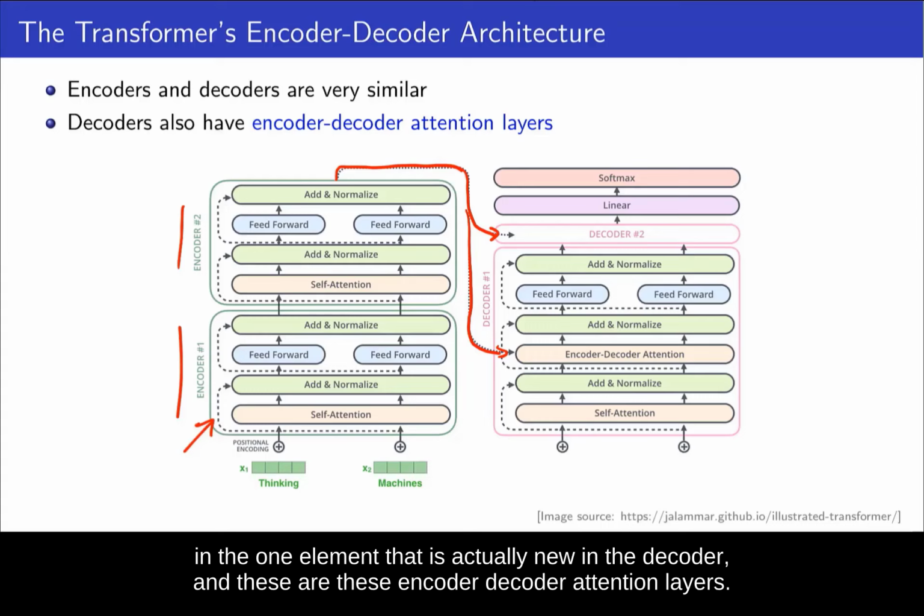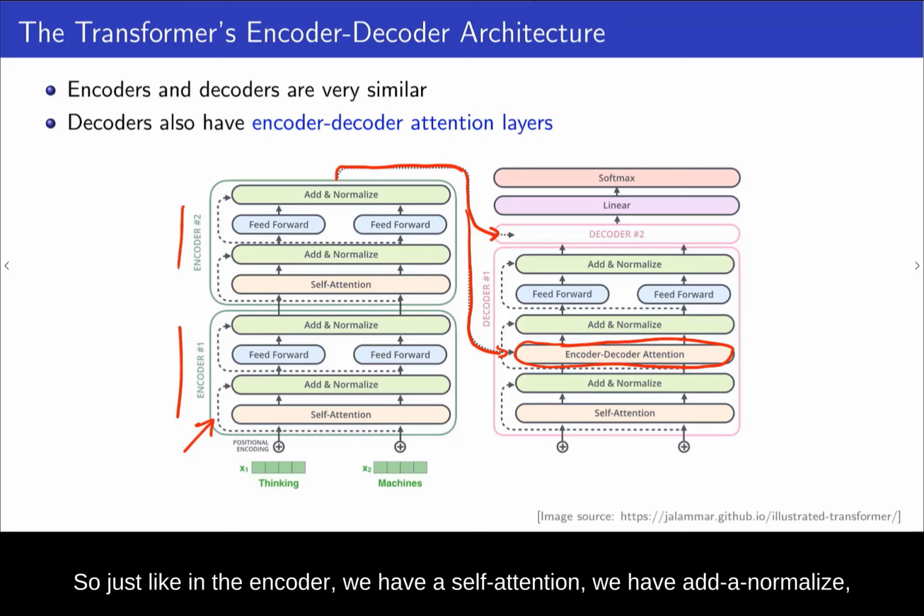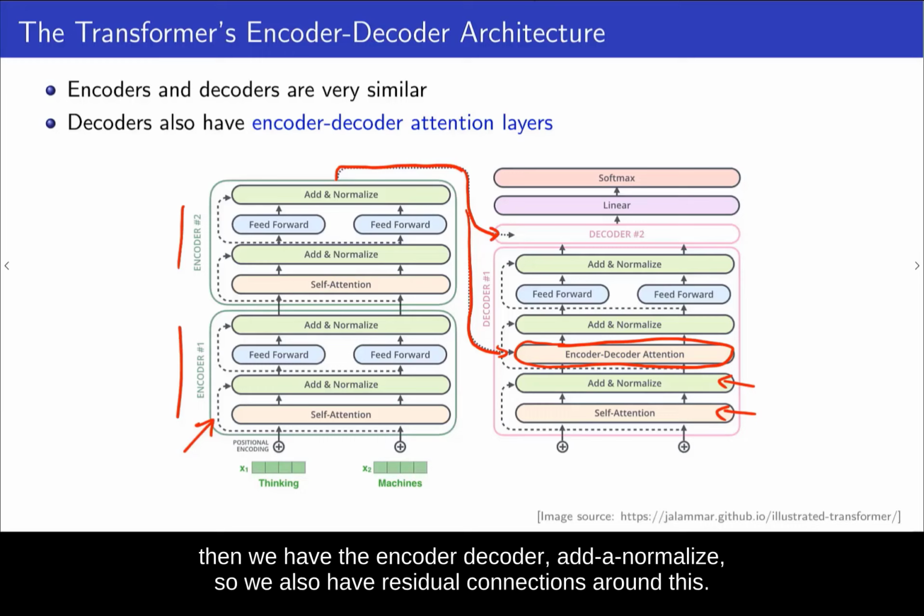in the one element that is actually new in the decoder, and these are these encoder-decoder attention layers. So just like in the encoder, we have a self-attention, we have add and normalize, then we have the encoder-decoder add and normalize. So we also have residual connections around this.